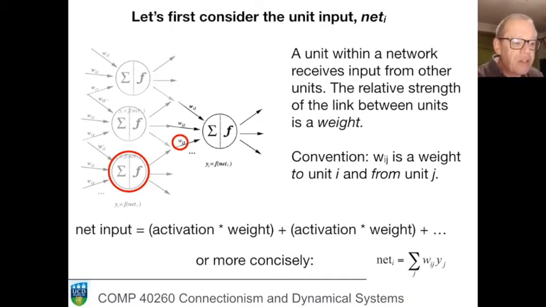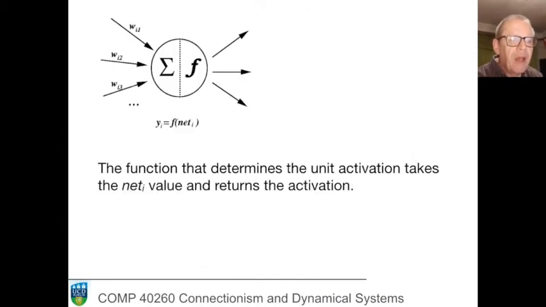Or more concisely, the formula is given there in the bottom right-hand corner. The net input to unit i consists of the sum of the weights multiplied by the activations of the feeding units. So, having calculated our net input, we then need to calculate the activation of this unit, of unit i.